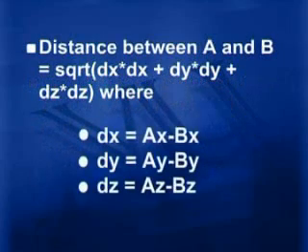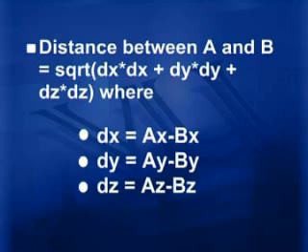So the distance between points A and B can be calculated as the square root of dx square plus dy square plus dz square, where dx is the difference between the x coordinates of the two points A and B. So we calculate dx to be ax minus bx, and similarly dy would be the difference between the y coordinates of the two points.